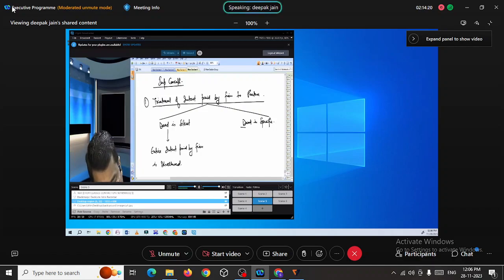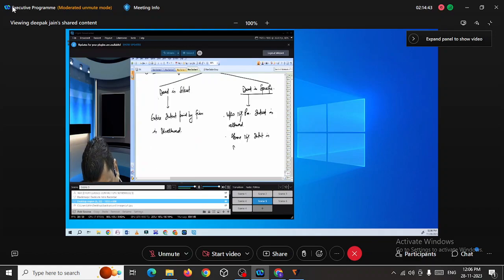If the deed is specific, then interest up to 12% per annum is allowed. Above 12%, interest is disallowed.